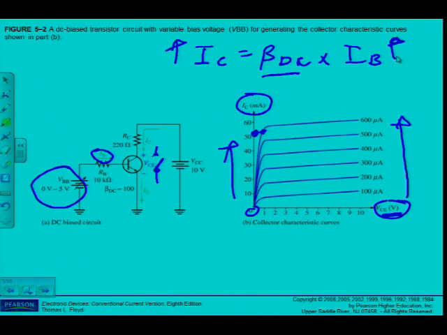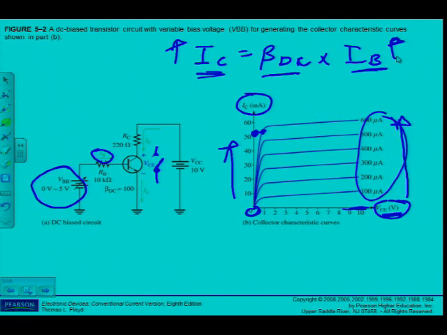What are the parameters for the transistor when it acts like an open switch? I know then that IB, of course, is going to be 0. Remember, there's all my different IBs. IB is going to be equal to 0, and if IB is equal to 0, what's going to be happening to IC? IC is also going to be equal to 0. So that's my parameter for the transistor in cutoff.